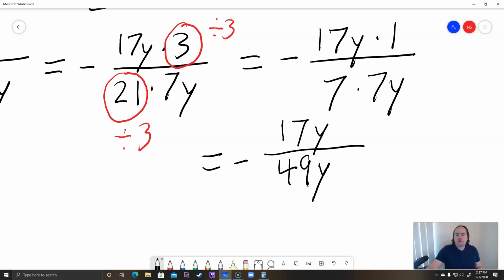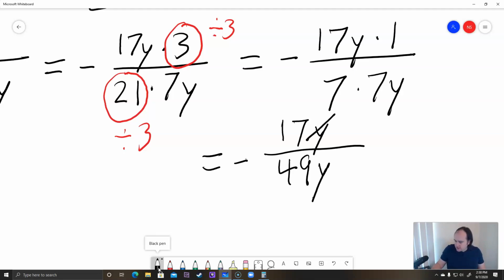But we're not completely done, because we still have a y on the top and the bottom. You can either subtract the exponents, or you can cross out the y's. Here, method 2 is probably easier because there's a y on the top and a y on the bottom, so they just cancel out.